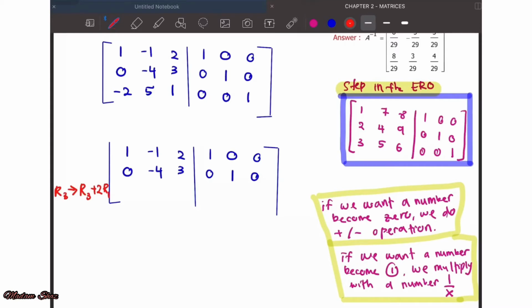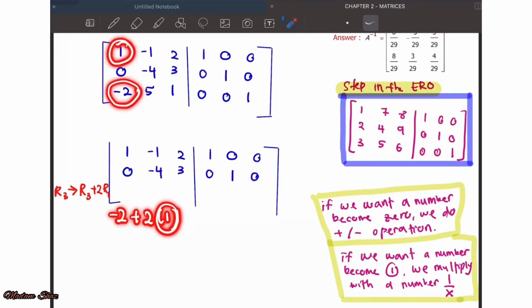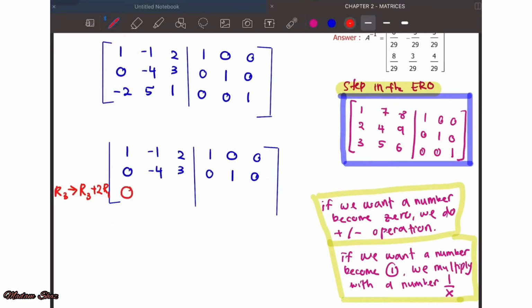So negative 2 plus 2 multiplied with 1, from the first row here, so this value will become 0. Then 5 plus 2 multiplied by negative 1, so 5 minus 2 will become 3.